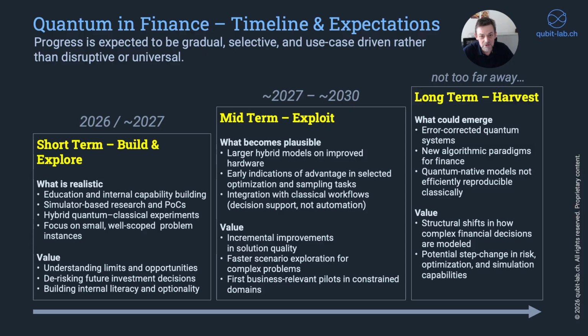So it's super exciting at the moment. This takes time, and you need to understand what you're doing. And then you can start exploiting and even harvesting them in the longer term, not too far.